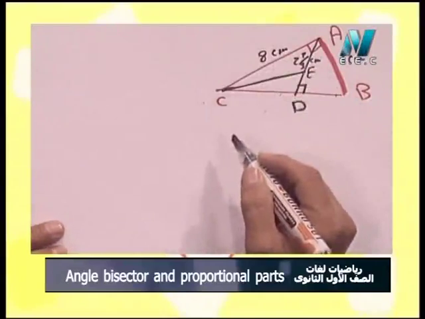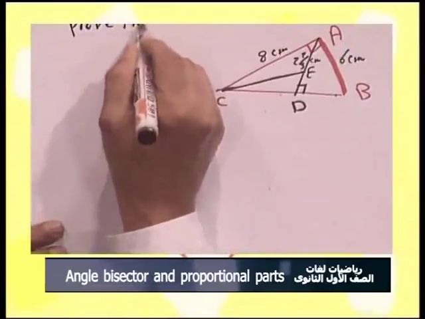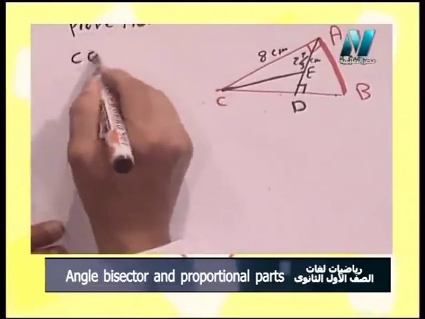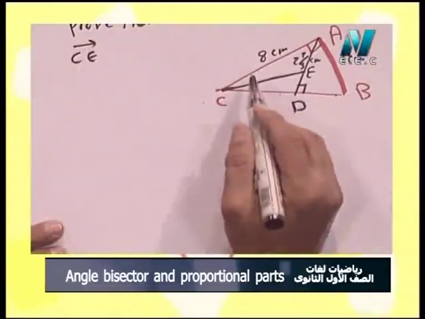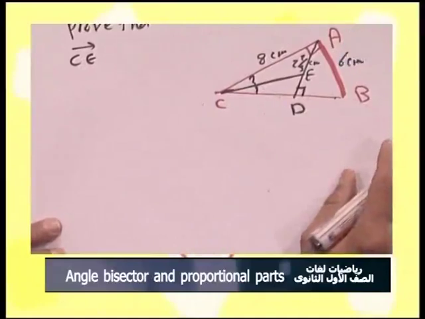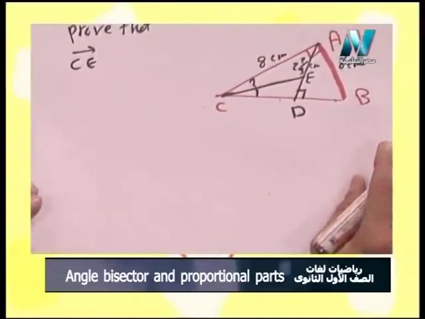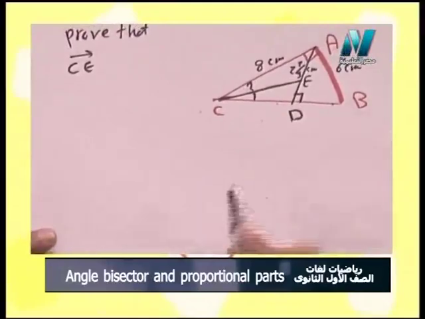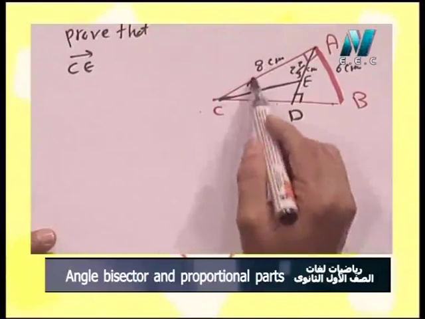Okay, prove that CE bisects the angle ACD. We have CE. We would like to prove that CE bisects the angle C here.